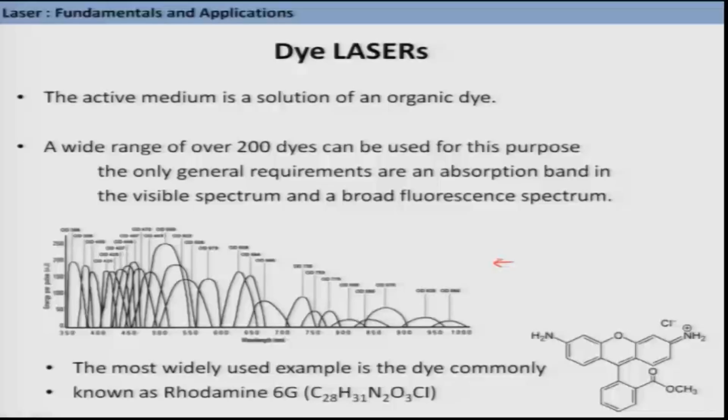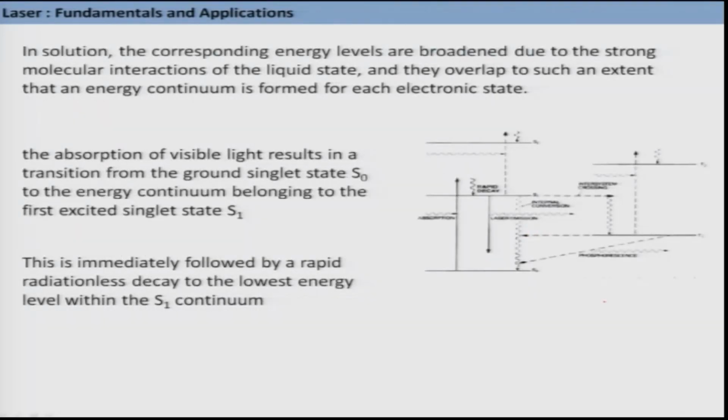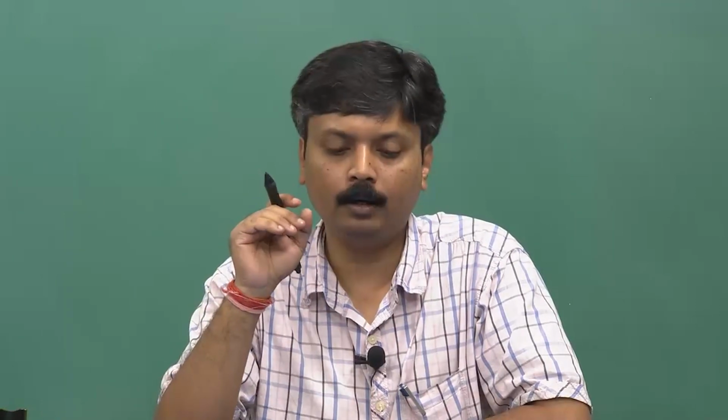The most famous dye that is used in dye laser is probably rhodamine 6G. This is a commercial name, and the molecular formula for that is given here, and this is the molecular structure of rhodamine. Earlier we mentioned that, like solid state lasers, this dye laser also gives a much broader fluorescence spectrum, and that is good in many senses.